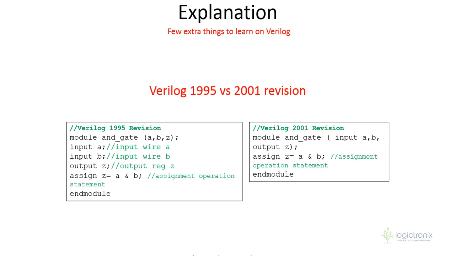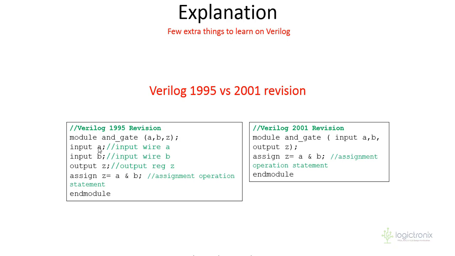So let's go for the next one. Here we have another important thing. As we talked about previously, Verilog mainly has the 95, 2001, and 2005 revisions. Among these three major revisions, 95 is also utilized heavily, and another most preferred revision is 2001. Actually, 2001 condenses a few lines of Verilog 95 into a single one.